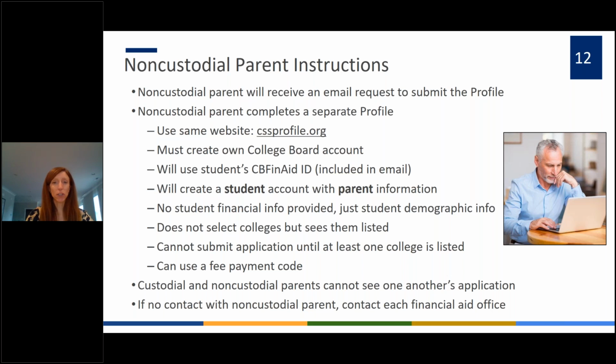I need to explain the relationship or the lack of the relationship with the non-custodial parent and ask for a waiver of that requirement. And that is very important. If a non-custodial parent profile is required and I don't submit one, that means my application for financial aid is incomplete. So if you are a family where the non-custodial parent is not in the picture, not in contact with the student, you do need to actively contact all those colleges and explain the situation and ask them to waive that requirement.